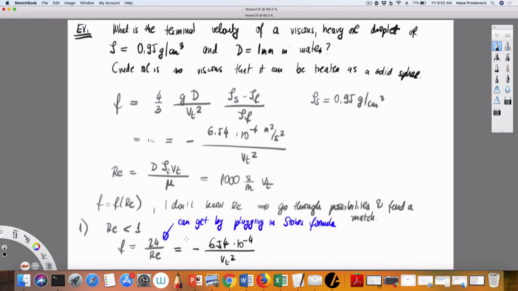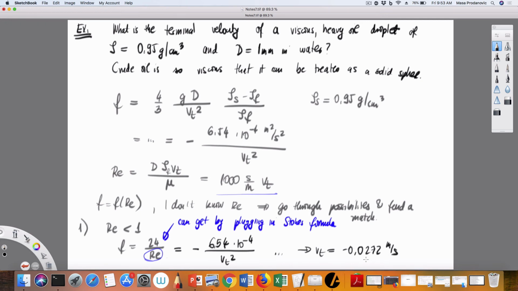And I also plug in this Reynolds number, so I can take this and put it here. 6.54 is this number from the earlier expression. So I can get that my v_t is minus some value in meters per second.